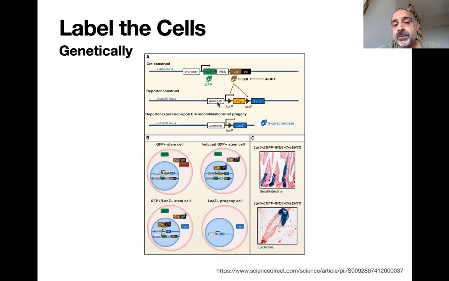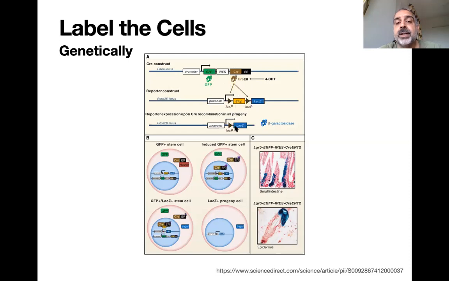In general, because of this stop cassette, beta-galactosidase is silent, but when this mouse is mated with this Cre-expressing mouse, in these Cre-expressing cells you get recombination and this stop cassette is recombined out.